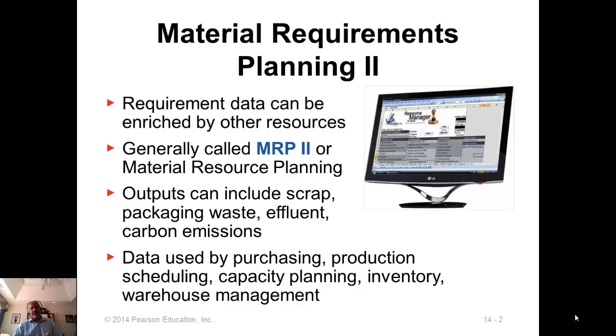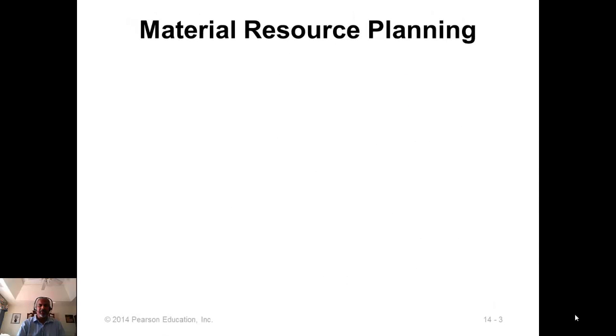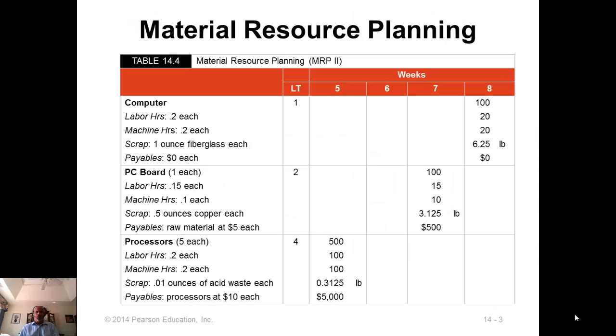So it became more a resource planning rather than just simply material planning. So it included things like labor hours, how much scrap there will be, how much capacity is needed, and things like that. So here is an example of what additional information was included in MRP2.